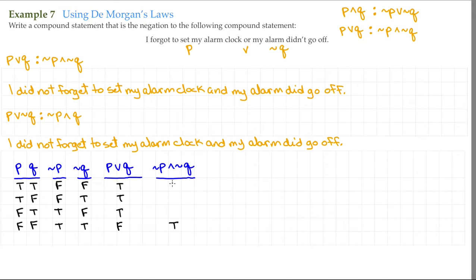Other than that, it's going to be false. So as you can see, the truth values for P or Q are the negations of the truth values for not P and not Q. So these two negate each other. I'll just write it in here, negate.